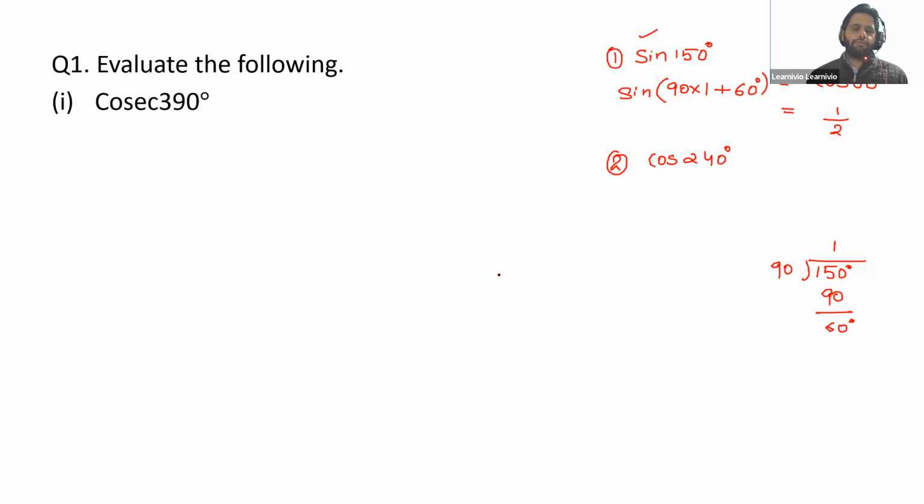Very good. This is correct. Put the value of cos 60. Udvika, please, is it 1/2? Yes, minus 1/2. Yes, sir. Final answer: minus 1/2.